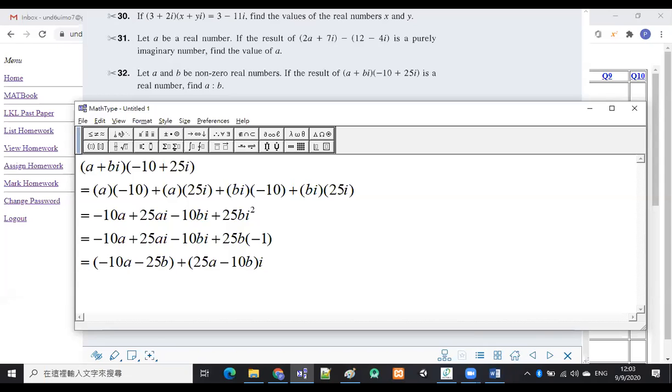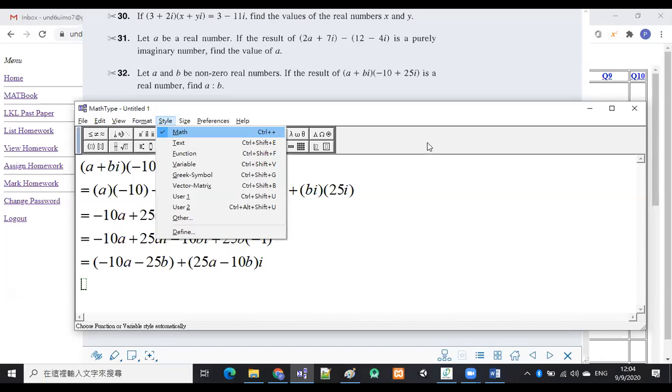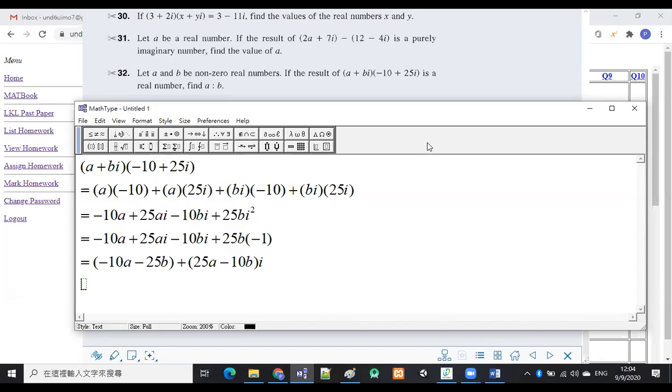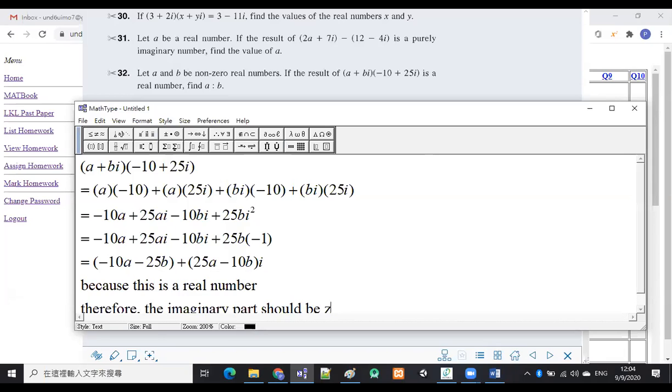It's okay? So, but the question tells you that this result is a real number, okay? Because this is a real number, therefore the imaginary part should be 0.